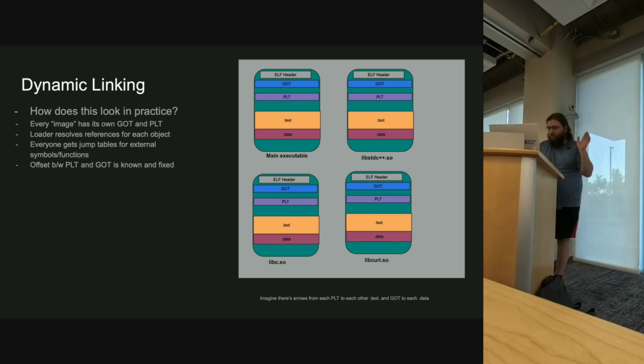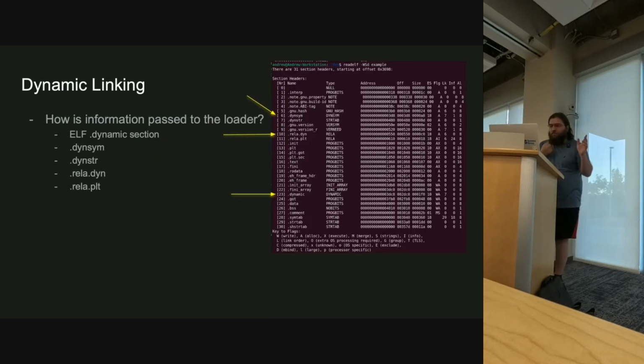Okay, and in this picture, imagine there's arrows from each PLT to the text section of every other image, and pointers from the GOT of each image to the data section of every other one. Like there's pointers everywhere. Okay, so how does the loader know how to do this? It's through the ELF dynamic section.